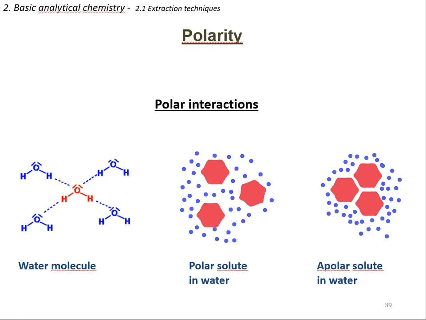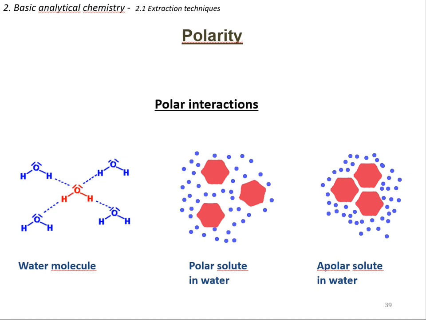And this is the representation of a polar solute in water as compared to a non-polar solute in water. A polar solute will be surrounded by water molecules interacting with it through these hydrogen bonds or weak bonds, sometimes ionic bonds. And this will disperse the molecule in the solution.